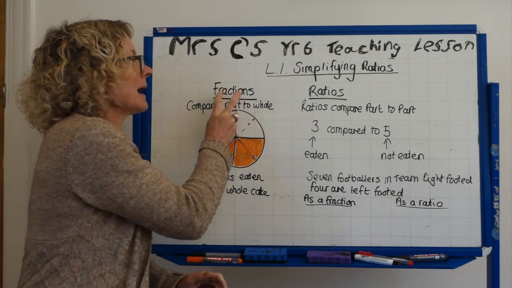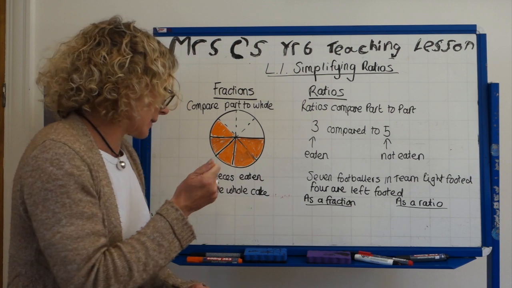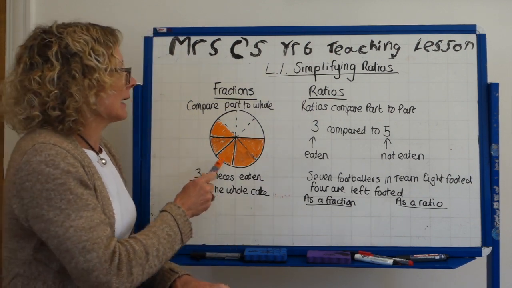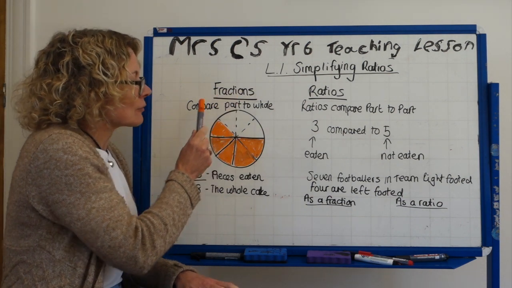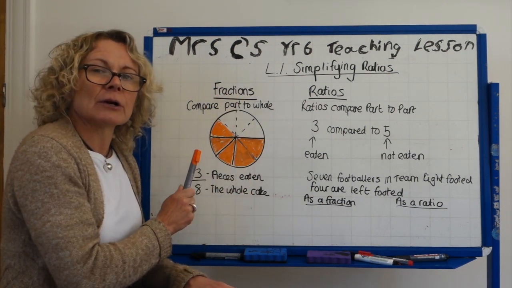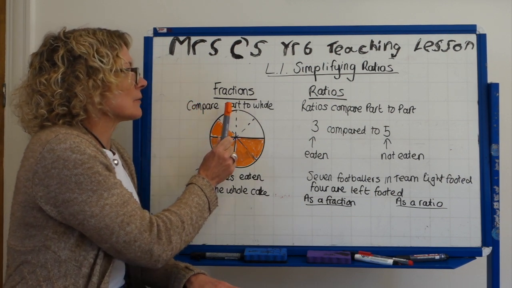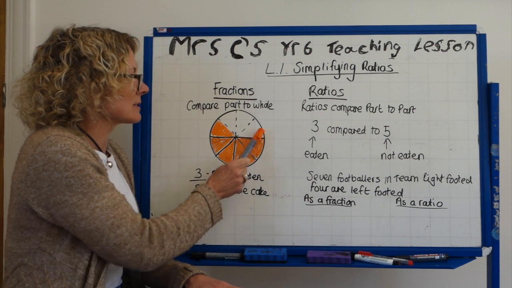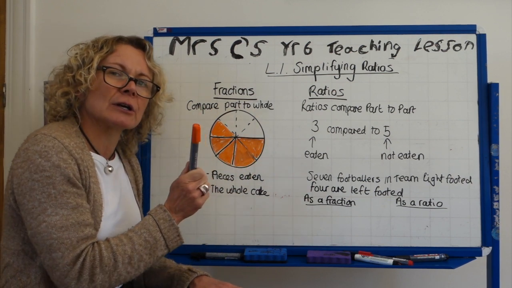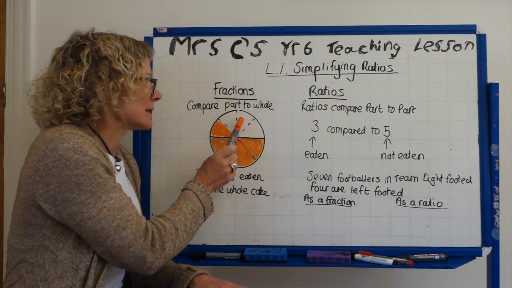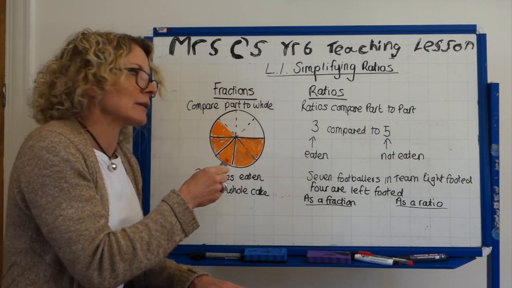Right, we're going to compare fractions to ratios because I think that is a good way of understanding what they are about. So I have drawn a lovely cake here, and this is a fraction. We're going to look at fractions here. So fractions compare the part to the whole, okay? So this is my whole cake. So what is the fraction of pieces I've eaten? If this is the eaten pieces, the white ones, let's look at how many there are in the whole, and then we can write the fraction.